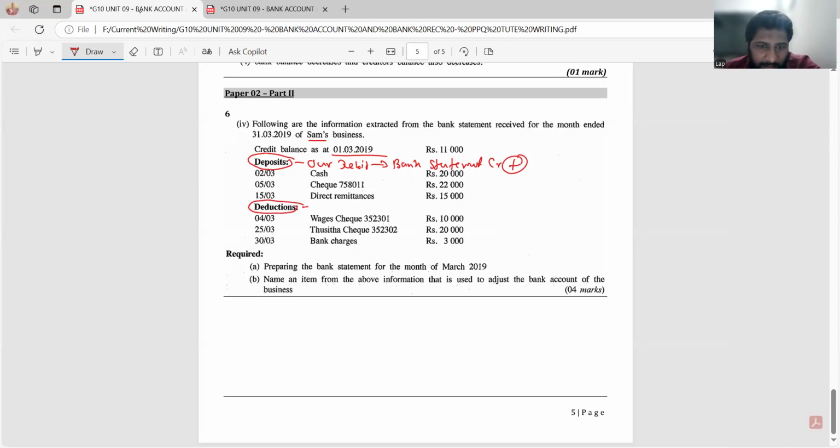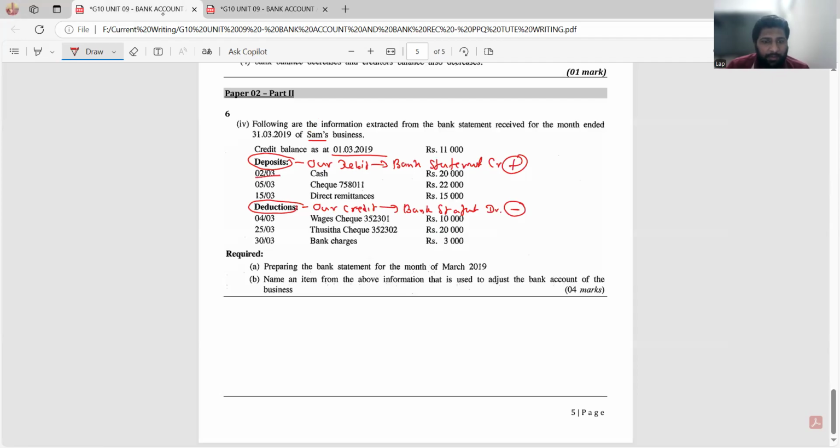Whatever the deduction, our account credit, should be on the bank statement's debit side, and it should be a reduction of the balance. So make sure to look at the date and record it properly. I have seen a lot of students miss the date. So do not miss the date, check the date properly and record.